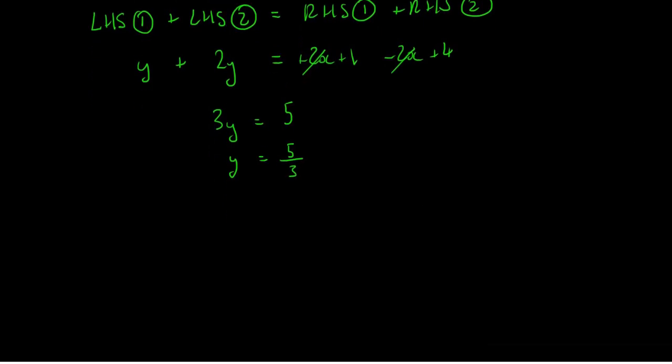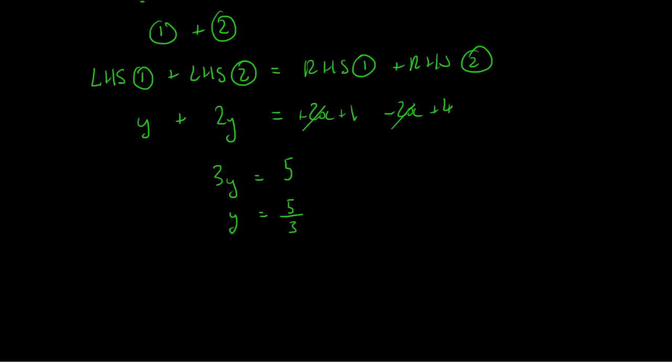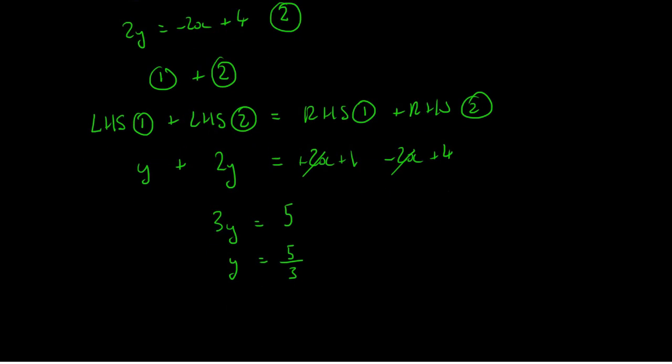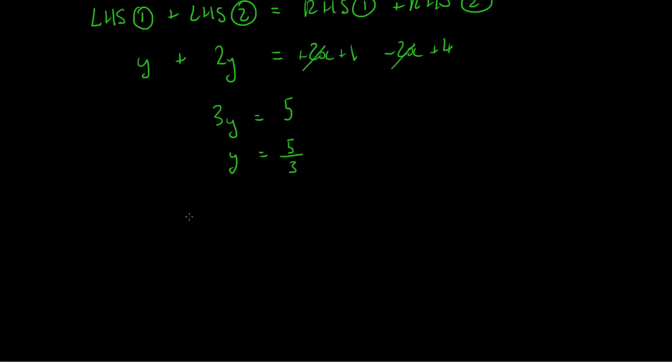Okay, so just like last time, we've got one of the variables, and we're going to substitute this value into our equations to get the other one out. And again, we can see that the first equation at the top of the screen here is more simple than the second one. So I'm going to substitute this value into the first equation. So we have y is equal to 2x plus 1, but y is 5 over 3. So 5 over 3 is equal to 2x plus 1.